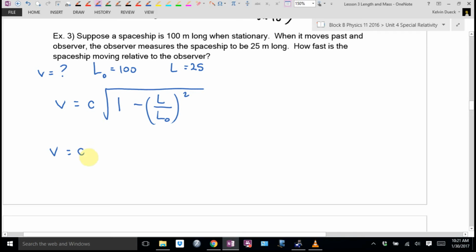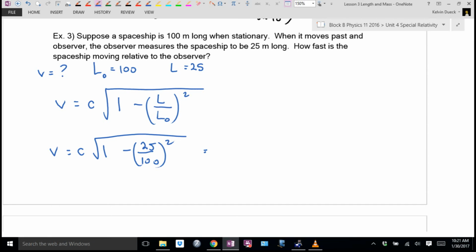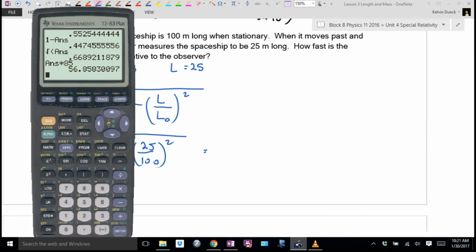Let's give this answer as a percentage of light first. So let's leave the c there. And let's go 1 minus 25 over 100, squared. Really, what if you want things to appear 4 times shorter? 25 and 100, that's a 4-to-1 ratio. 25 divided by 100, that should give you 0.25, I hope.